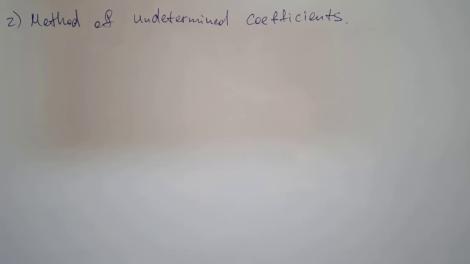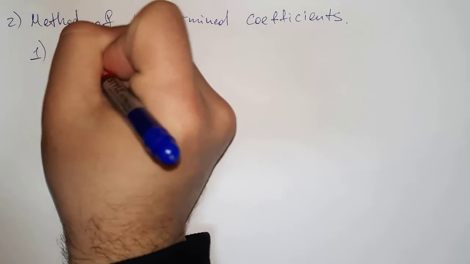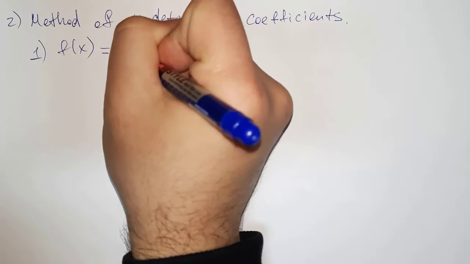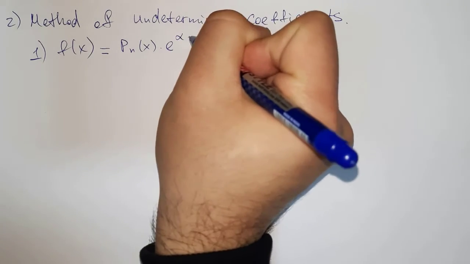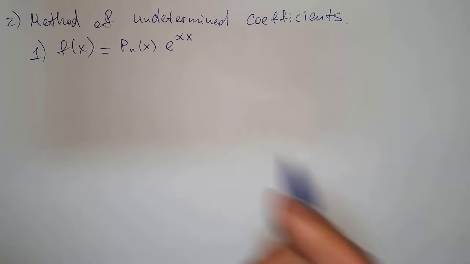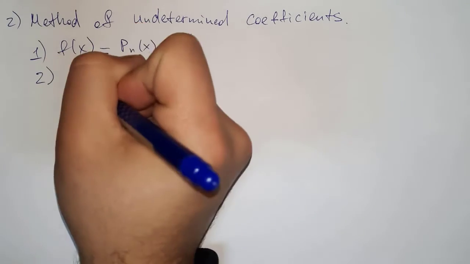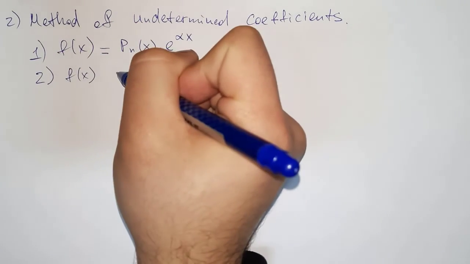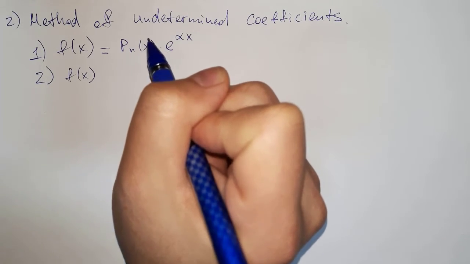So here we have two classes of functions in the right side. The first class is f of x is a polynomial Pn of x times e to the power of alpha x, a polynomial and exponential function. And the second class is f of x, here trigonometric and polynomial and exponential function.